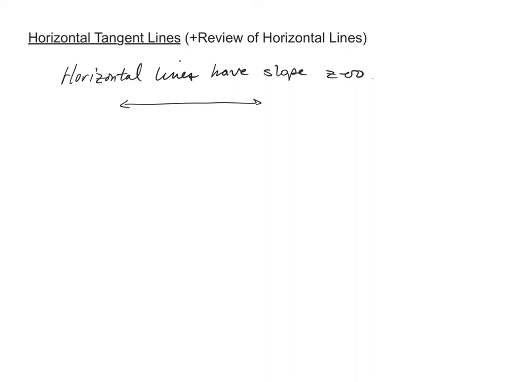So horizontal lines have slope 0. So do horizontal tangent lines. So horizontal tangent lines means that the slope of the tangent line is 0. And this idea is going to be pretty pertinent in the next minute or so.